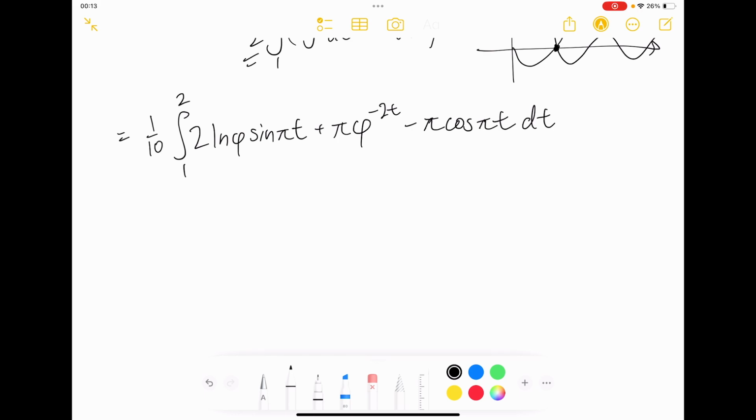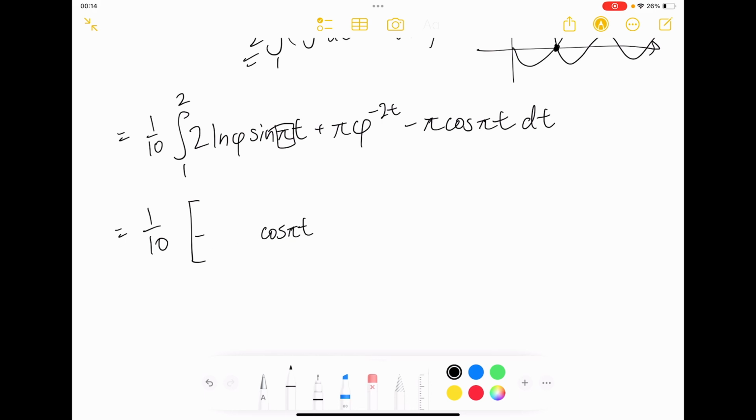If you integrate this, let's see, well, you'll get this factor out front because that's just a constant, and integrating sine will get you minus cosine, so minus cosine pi t, and you have to divide by the inner pi.